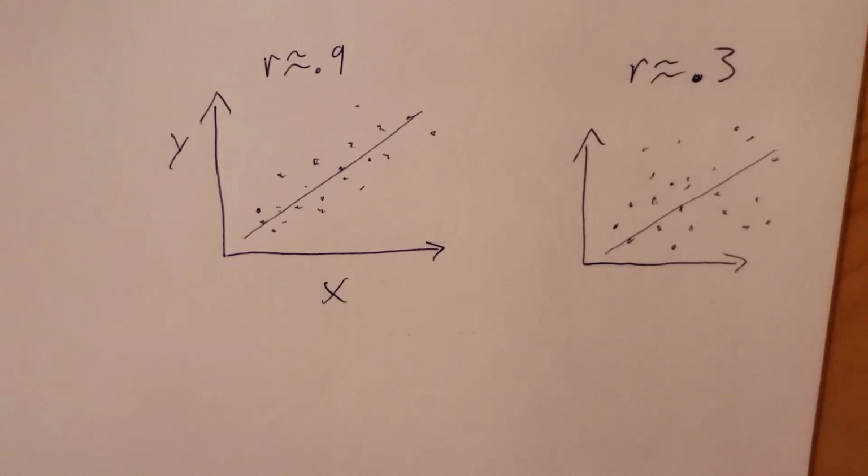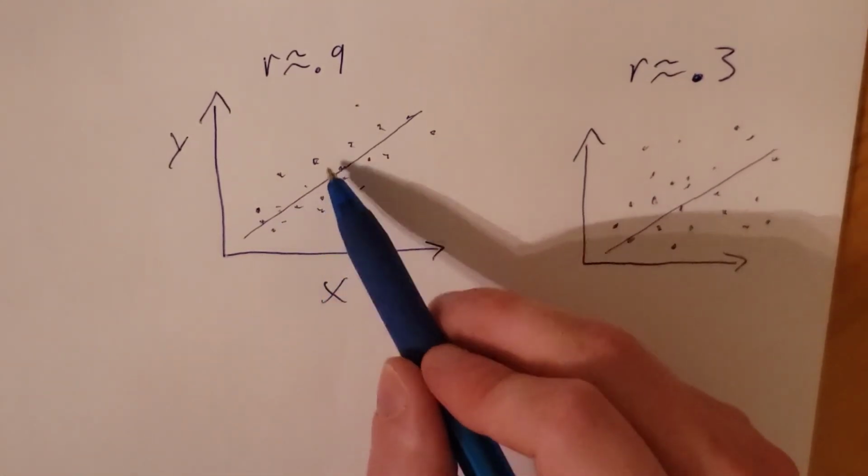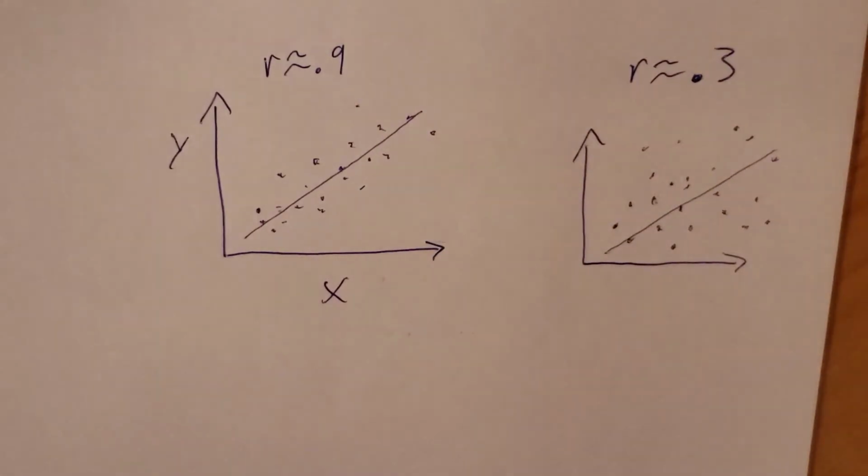So the closer we get to 1 or -1, the closer the data points lie on a single linear equation. And that's what that coefficient of correlation actually means. And that will end this video.